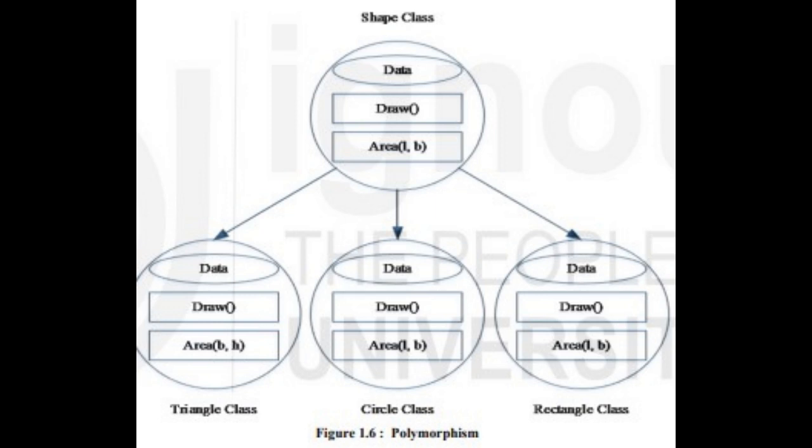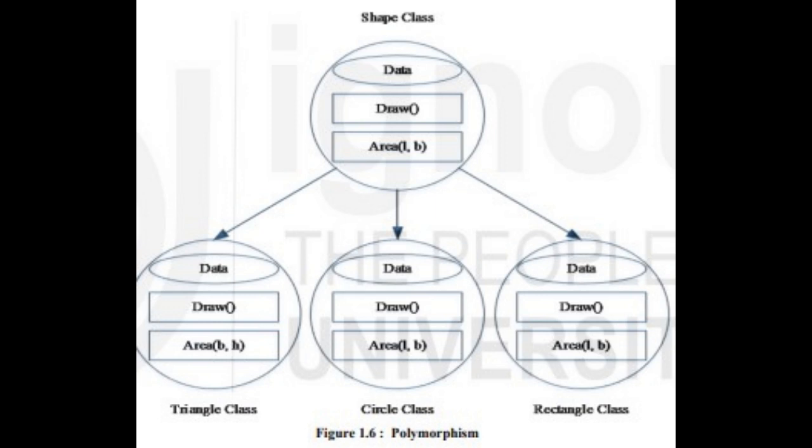From figure 1.6, we can see that a single method draw can be used to draw different shapes like triangle, circle, and rectangle. So here, we can observe that the name of the function is the same, but the functionality, the implementation, is different. This is known as function overriding, and it is a type of polymorphism.